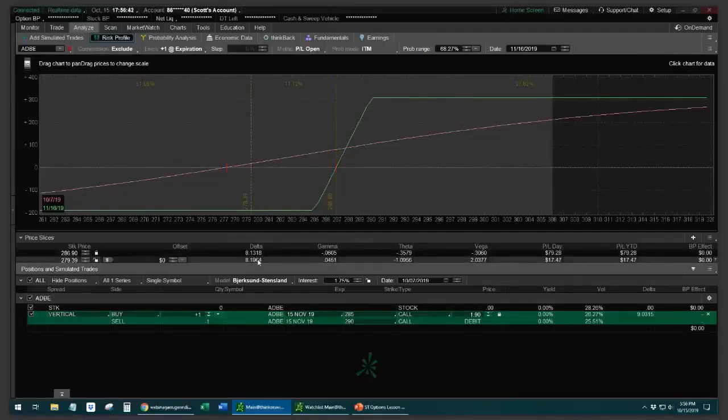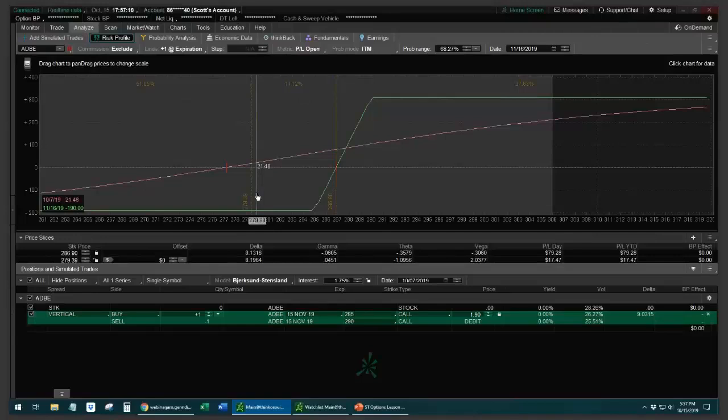So every dollar that goes into increasing the stock price, we gain on this line. So we go here, we go here, we go here, we go here. The values get higher and higher and higher on this current option spread valuation line, which is the pink one. All right, that's delta.